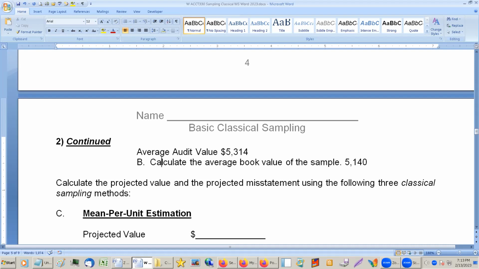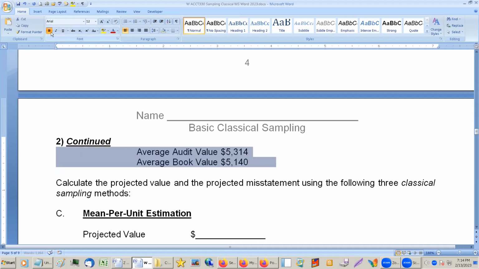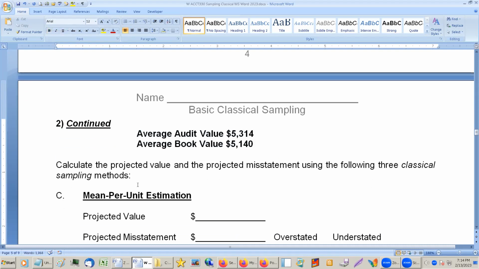When it comes to the mean per unit, mean per unit is really just the same thing as average, right? Mean is the same thing as average. So mean per unit is the same thing as average per unit.